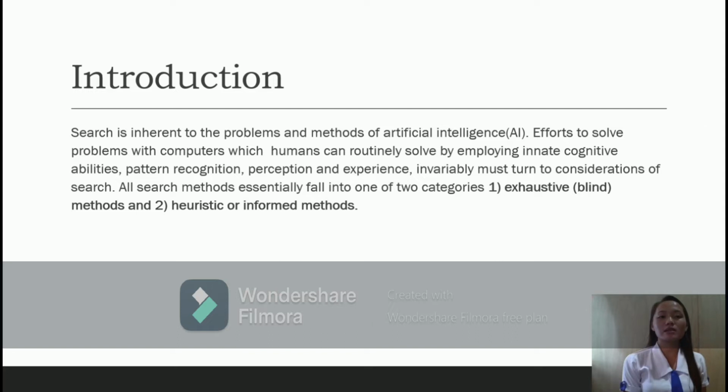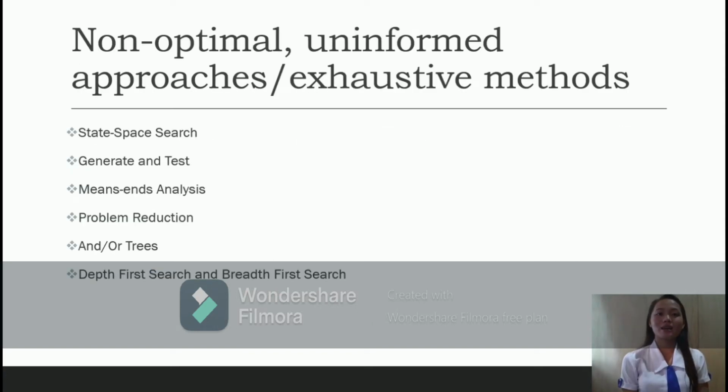First is exhaustive or blind methods, and second is heuristic or informed methods. In this chapter, we will explore search methods in AI, starting with blind exhaustive methods, and then we will turn to heuristic and optimal methods, including some more recent findings. In the second half of the chapter we will focus on parallel methods.